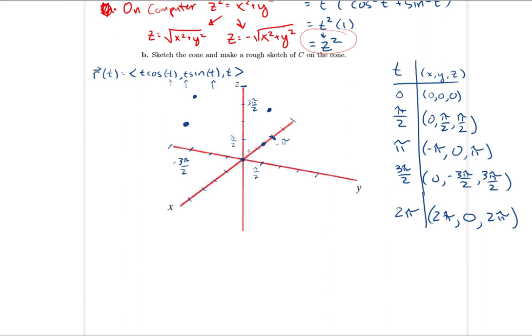So what that means here is that I better do this in a different color. Let's do this in green. So I'll come all the way out here to here where I think about 2 pi is in the y.